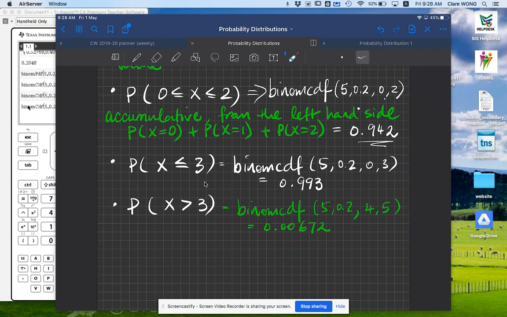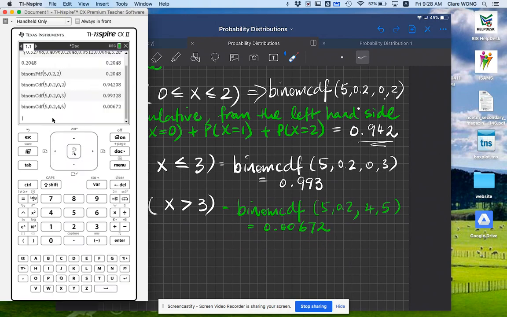But of course, if you do it this way for this particular question, you will lose some of the accuracy at the end. So to avoid that, you can use your calculator, say 1 minus this answer, and then it will give you that.